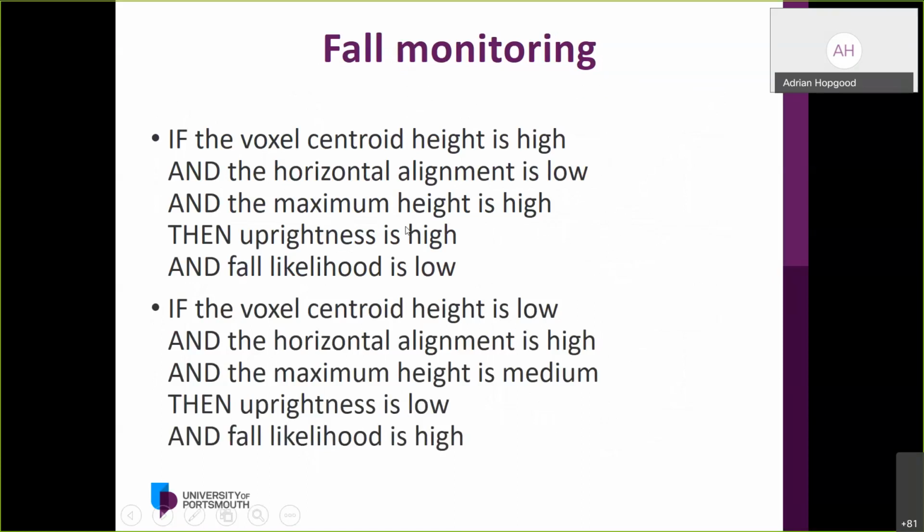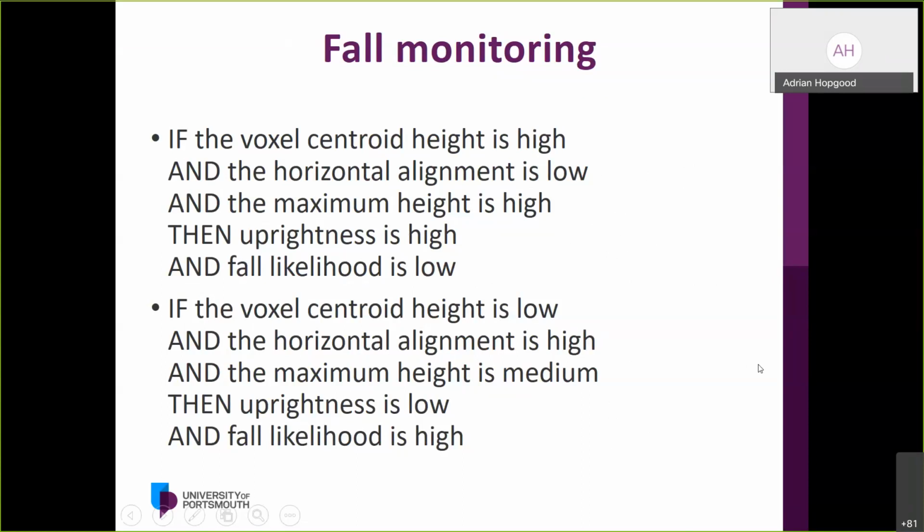So I've got a practical example of fuzzy logic which I want to show you, which is to do with monitoring an elderly person in their home to make sure they're okay. So this is an area of interest in general as we face an aging population. We want to make sure that people live a high quality life but are safe from harm.